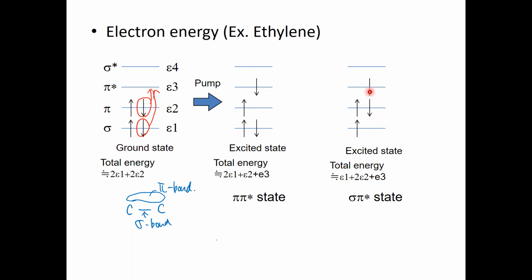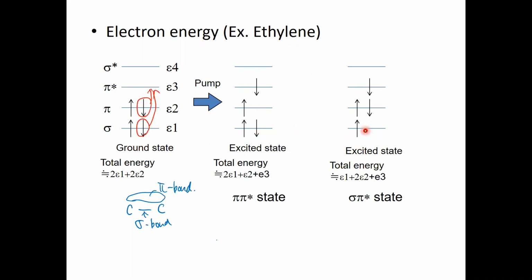So you can see that this molecule is excited, but you cannot define the excited state without knowing where the electron is from. In this case, this one. In this case, this one.